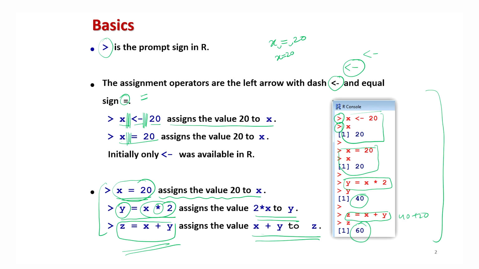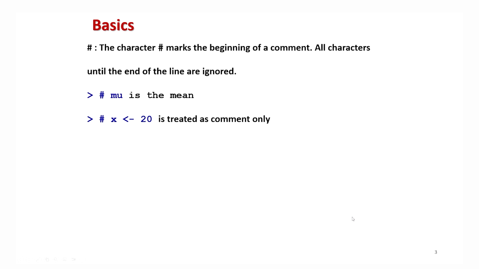Right. So, this is how R will look like, and then this hash sign. Hash sign is used to mark any comment. For example, when you are writing a program, and suppose you say that x you are using to indicate the height, and y you are indicating the weight.